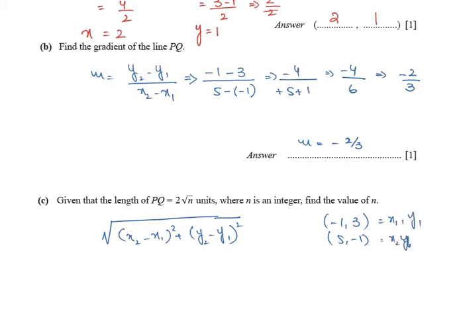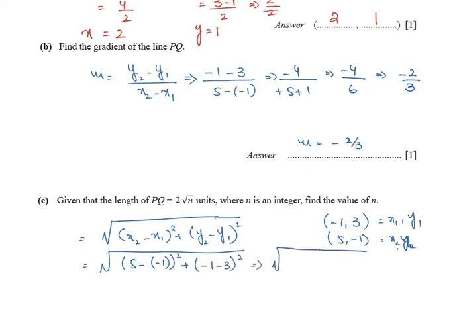Now let's substitute this in the formula. So here we have under root (x2 minus x1), so x2 is 5 minus, and then we write -1 inside the bracket. Then we have y2 minus y1, so it's (-1 minus 3) whole square.